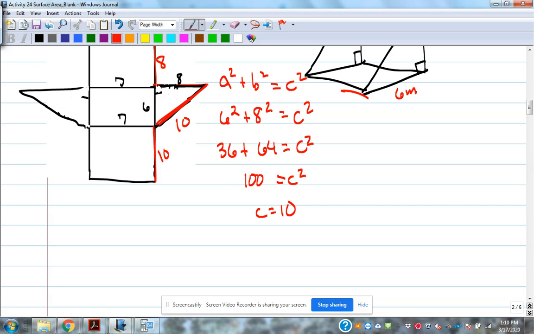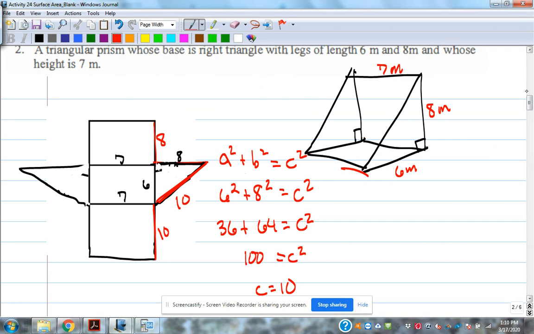All right, so now we find the surface area, or the surface area of finding the area of each one of those faces. So we have 1, 2, 3, 4, 5 faces that we have to find the area for. So faces 1 and 2 are the same size, or the exact same right triangle.